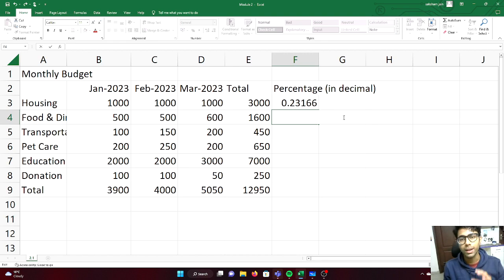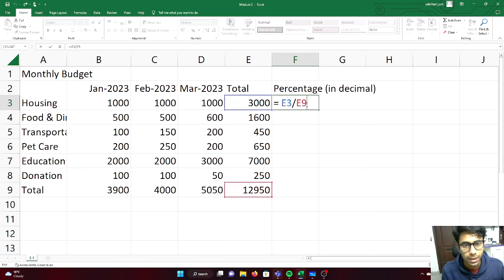So now I'm going to use the concept of absolute cell referencing. Here I'm going to fix this. I'm going to specify that my column is going to change. My numerator can be E3, E4, E5, E6 for these particular cells. It can be anything. But the denominator is going to be only this cell, that is E9.